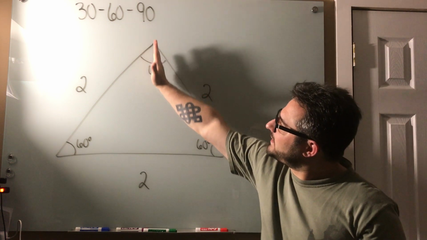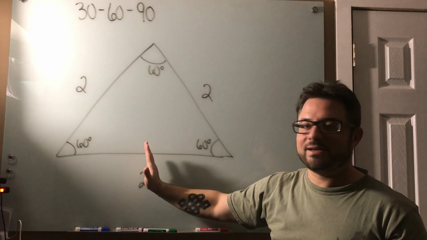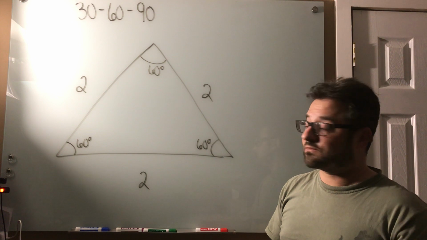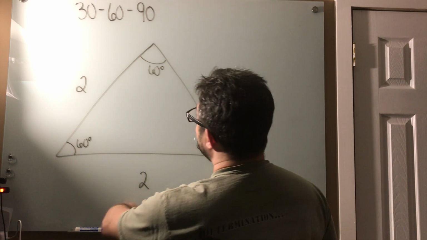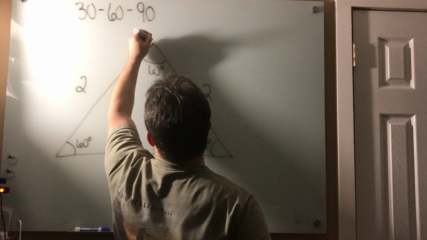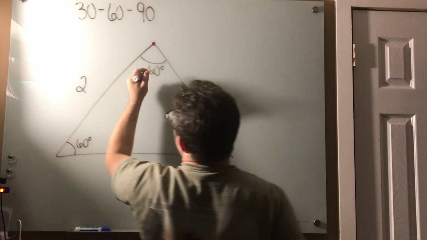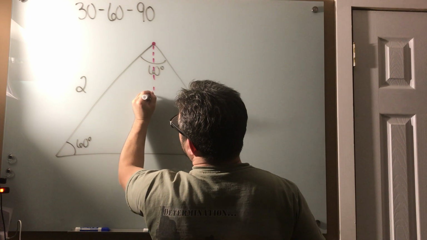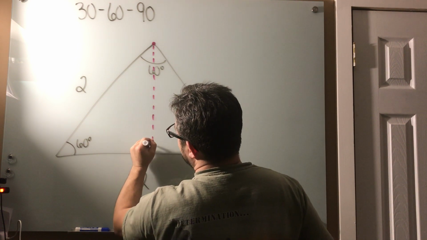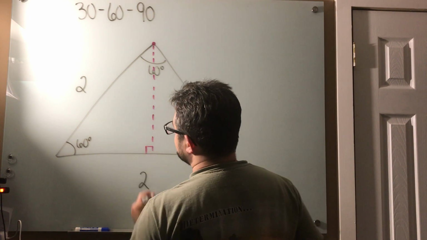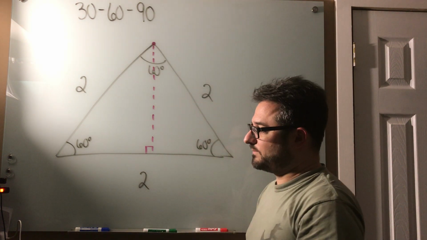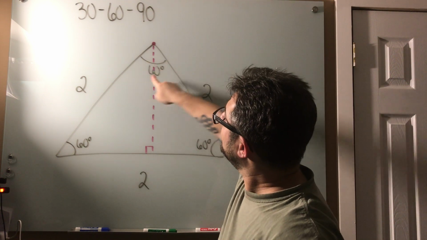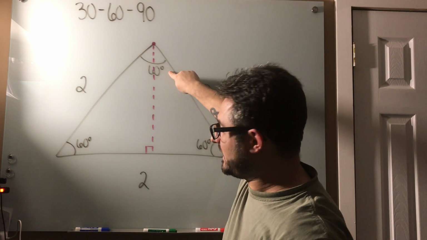The perpendicular bisector of any side is also the angle bisector of the angle across from it. That is to say, if I were to take the very top vertex of the triangle right there and drop a line straight down perpendicular to the base, it would cut this angle in half, meaning 30 degrees on each side.